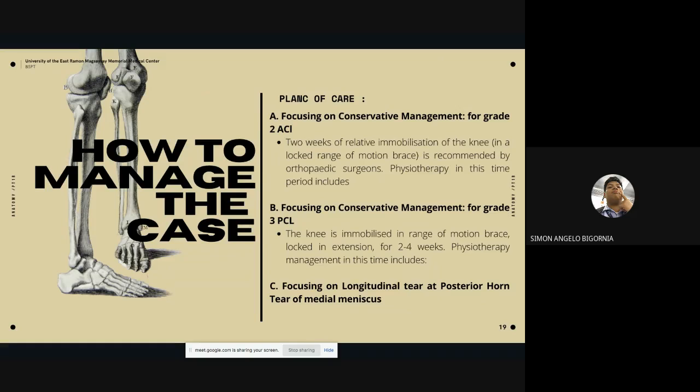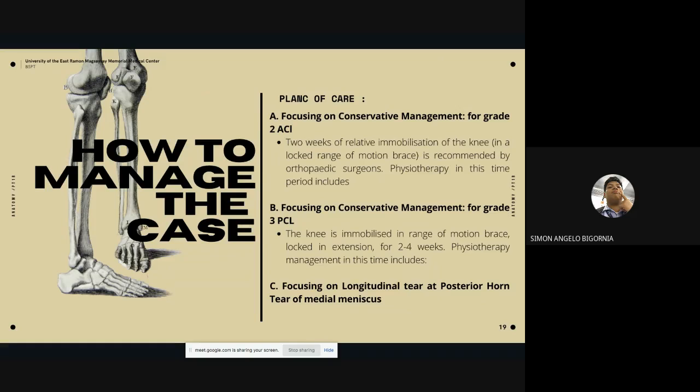Hamstring strengthening can be included, and it is important to incorporate eccentric strengthening of the lower limb muscles, and activity modification until pain and swelling subside. After 2 weeks, we shall proceed to full weight bearing mobilization, weaning off the range of motion brace, proprioception, balance and coordination, agility programs, and after that, return to play between 2 and 4 weeks of injury.